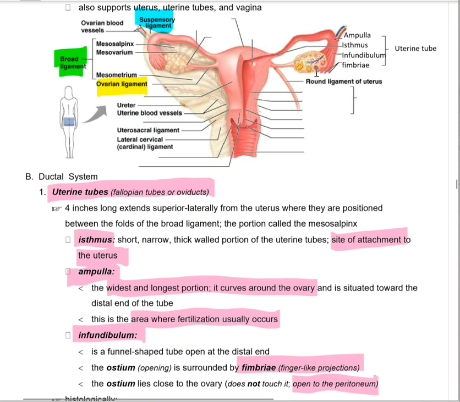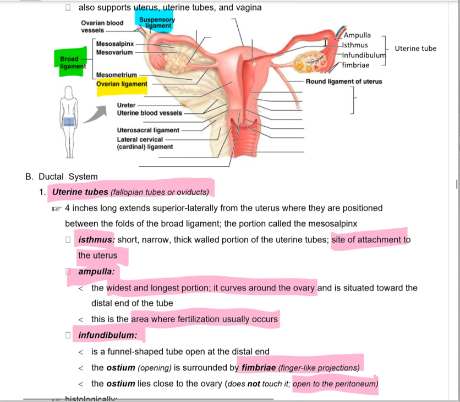So that's interesting, and there is a chance sometimes that the eggs will not make it in and will just go into the peritoneal cavity. If it's an unfertilized egg, that's not really that big of a deal. It will just get absorbed by the serous fluid that's there, the peritoneal fluid, and it'll be done.